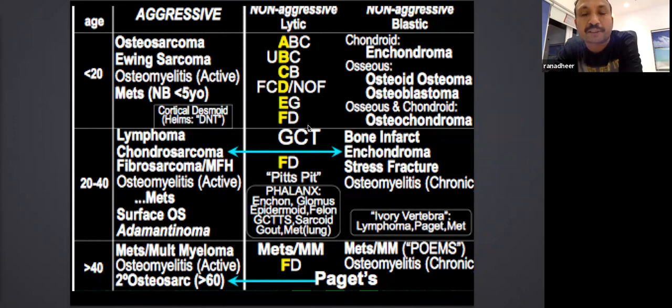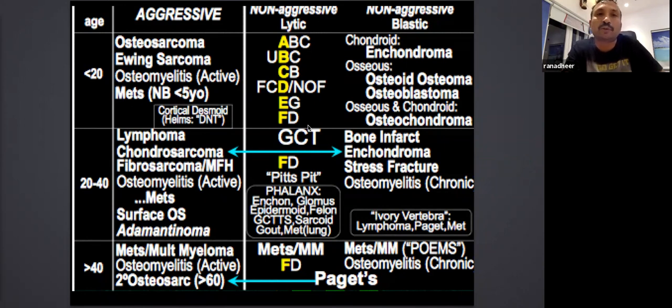When this came for PET CT, it showed multiple lesions and no primary was found. I just asked to go for a bone scan. It was a super scan pattern, and when we evaluated his PTH, it was in the thousands. So by having a good idea based on the PET CT only, I could see that this doesn't look malignant because of the narrow zone of transition and other features of brown tumor.